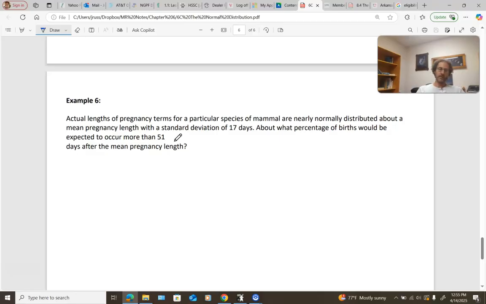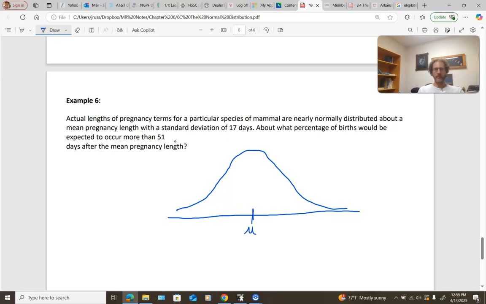It's not important. Okay? So again, I don't have a graphic in here, so I'm going to sketch me a normal curve. And the mean is right here in the middle. Okay? Now we don't know what it is, but we don't need to know. What is important is that the standard deviation is 17 days.